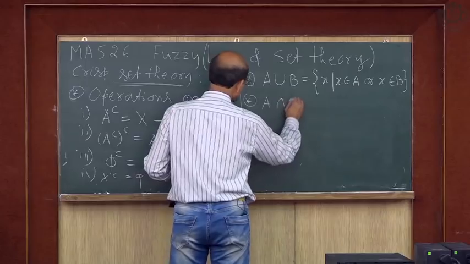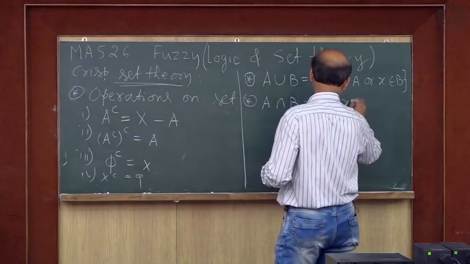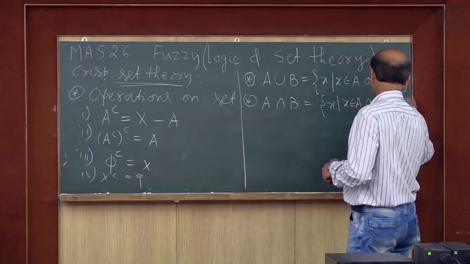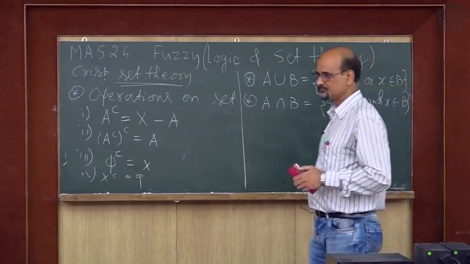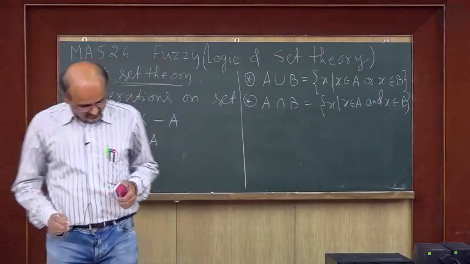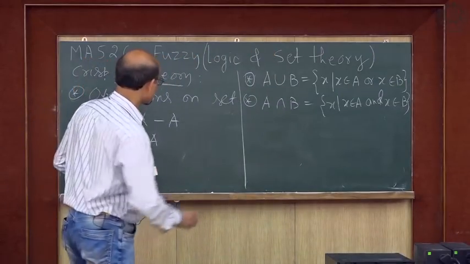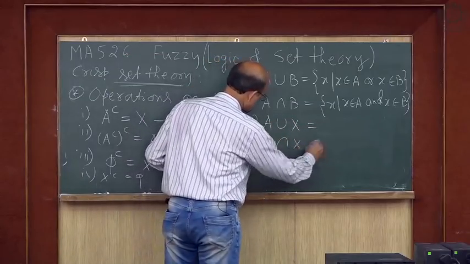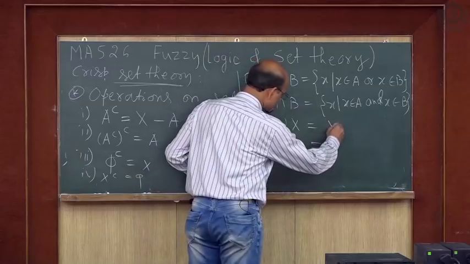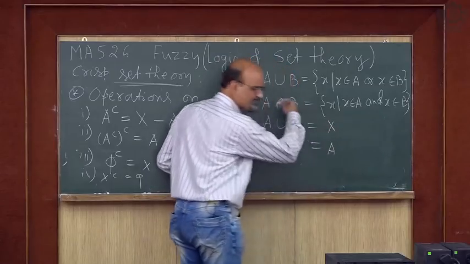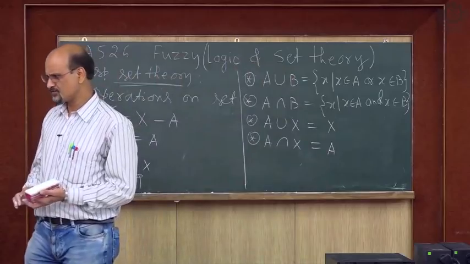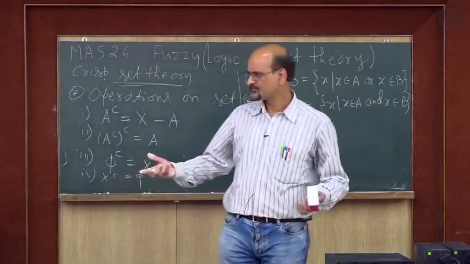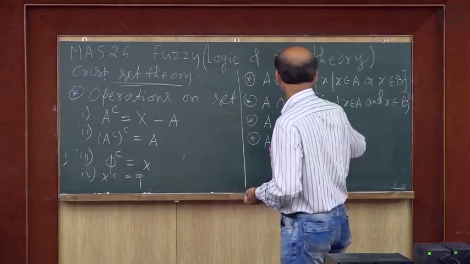A intersection B is X such that X belongs to A and belongs to B. Now, what is A union X and A intersection X? A union X is X, A intersection X is A. There are other very simple properties, I am not going into that. A intersection A complement is phi.